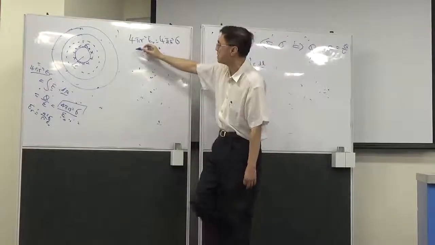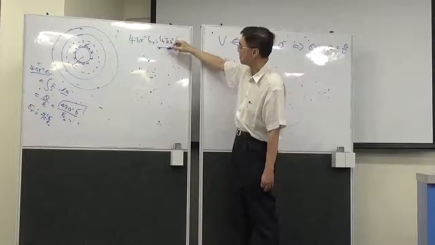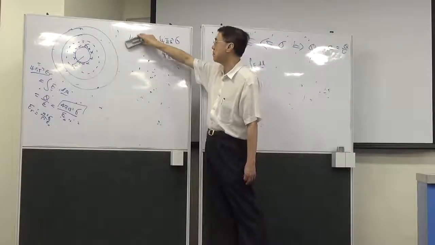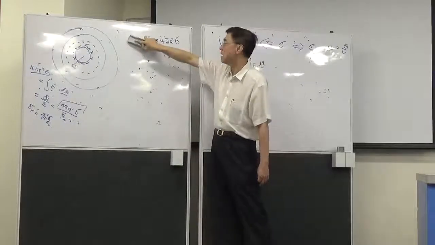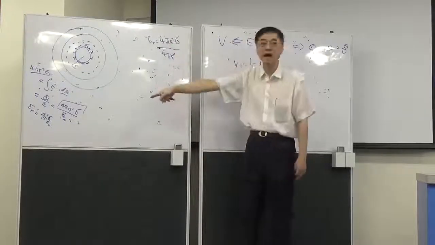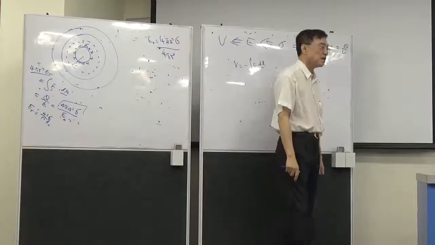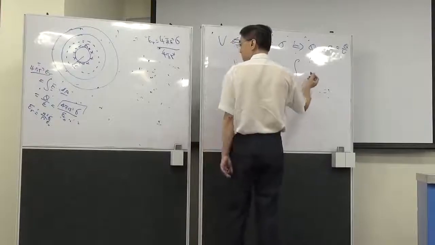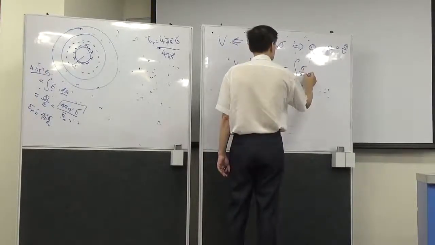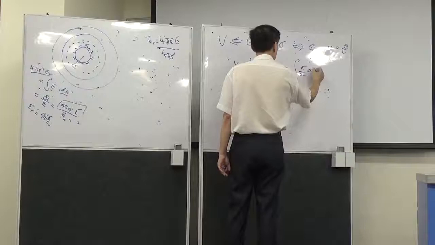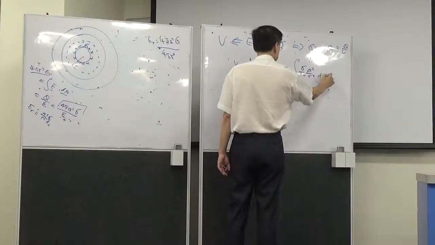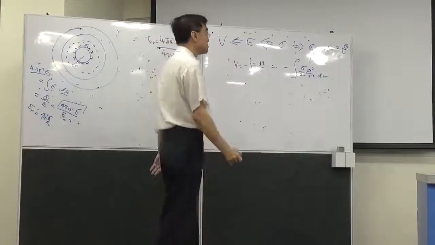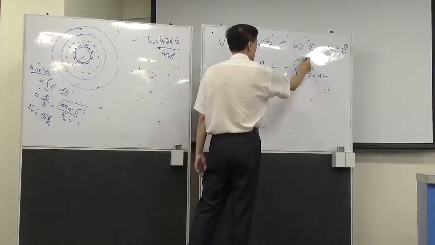So I divide by 4 pi r squared over here, and cancel with the 4 pi. Okay, that's it. Now this is equal to minus integral of sigma over epsilon naught, a squared over r squared, dr, from a to b.